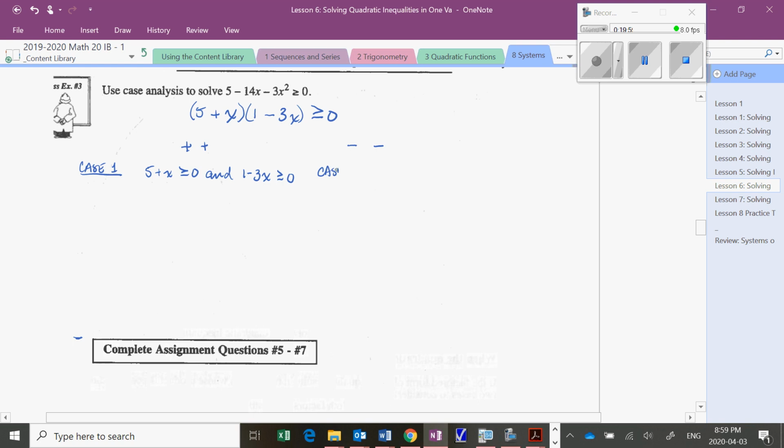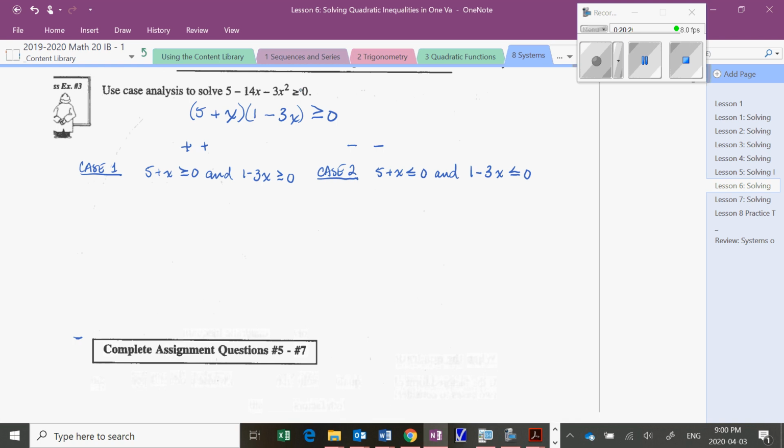Case 2 is negative, negative, which means that 5 plus x must be less than or equal to 0. And at the same time, 1 minus 3x must also be less than or equal to 0, meaning they are both negative. Why is it or equal to 0? It's just going back to the original inequality itself. It also includes 0, so that's fine.